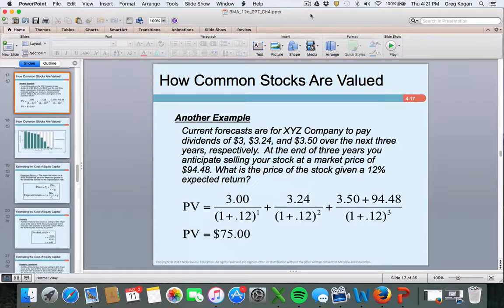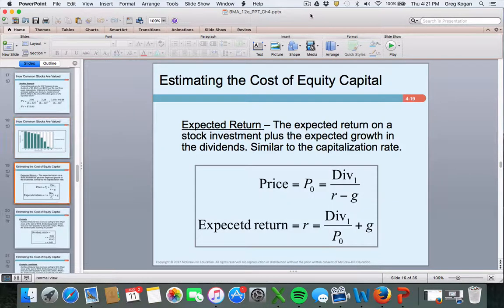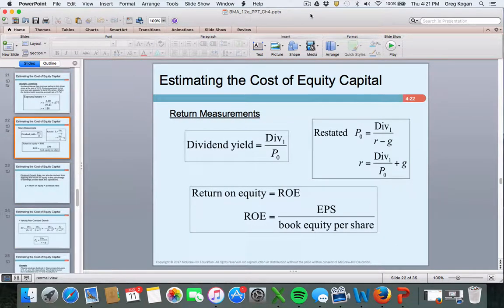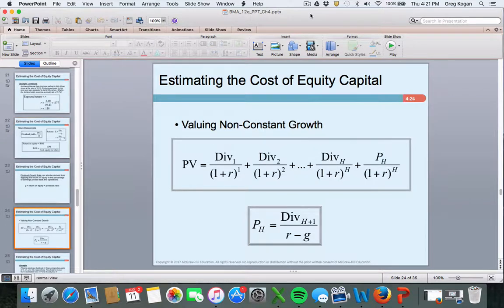So the idea is, how do we come up with a stock value for something that continues to grow down the line? The last piece, what is referred to as PH here, is basically the horizon value.